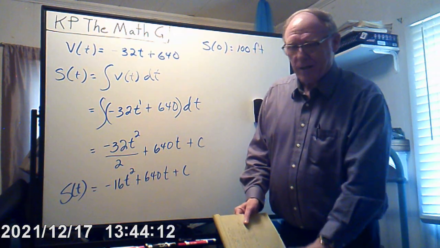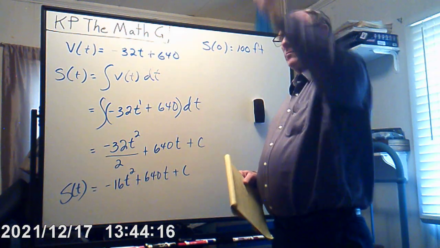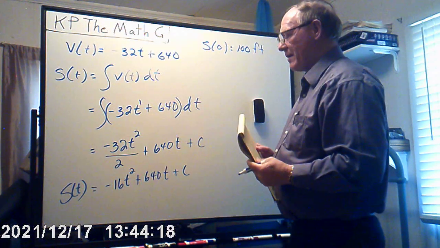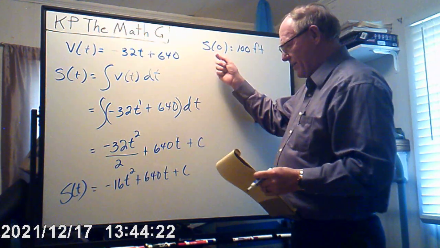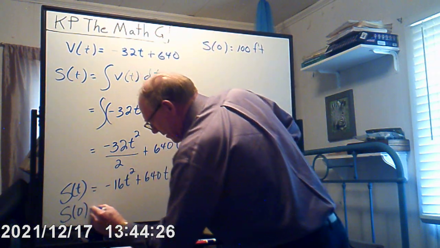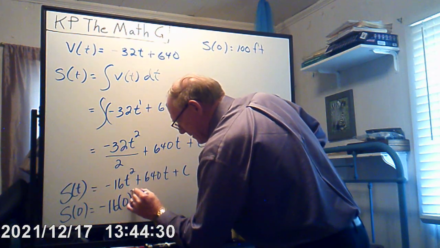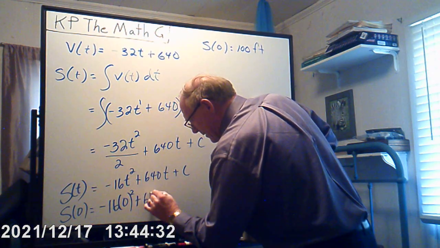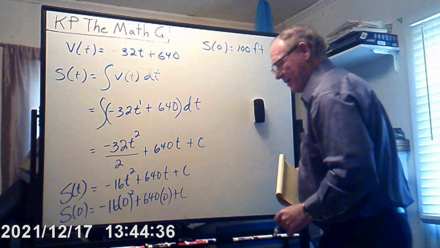You're not starting on the ground, you're 100 feet high already when you shoot this projectile up in the air. Okay, so now we're at 0, so s at 0. We're going to put a 0 everywhere t is, plus 640 times 0 plus c.